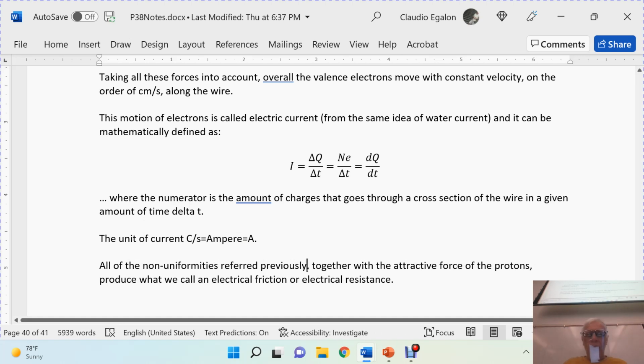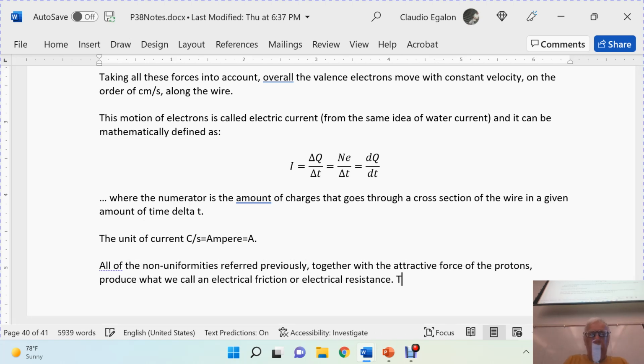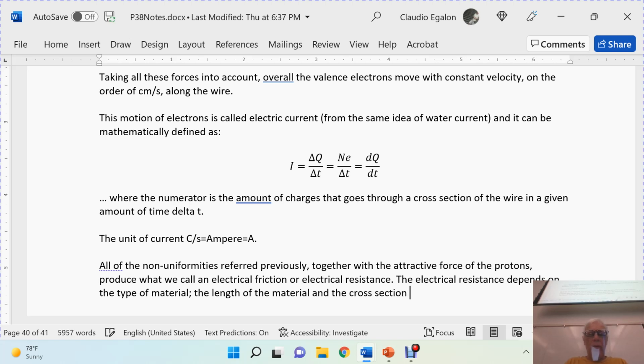The electrical resistance depends on the type of material, the length of the material, and the cross-section size, the cross-section area of the material.